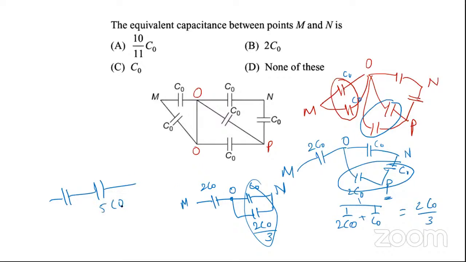That becomes 5 C naught by 3 and 2 C naught. And now both of them are in series. So that gives us 10 C naught by 11. So A will be the answer.